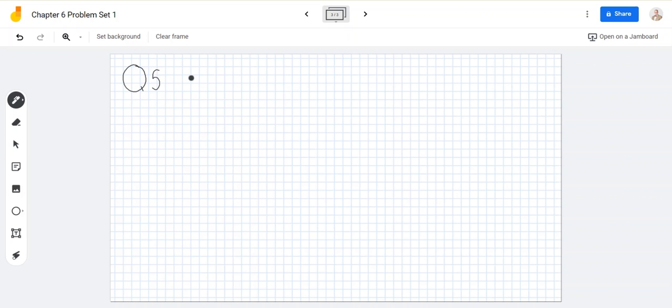Okay, so we're on 5 here, so let me draw the wall. Okay, so there's your wall. Let's get your apple crate out. I don't know why it's an apple crate, but it is.